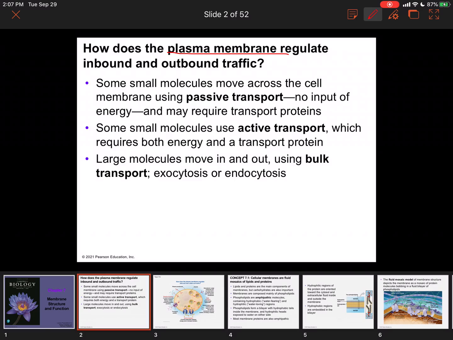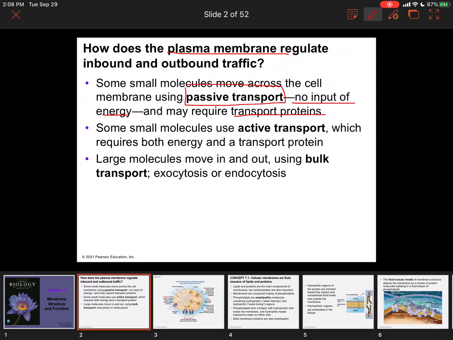It says some small molecules move across the cell membrane using passive transport, and with passive transport, we're not going to have to use energy. It says it may require transport proteins, so we'll talk about a specific type of passive transport that requires proteins.